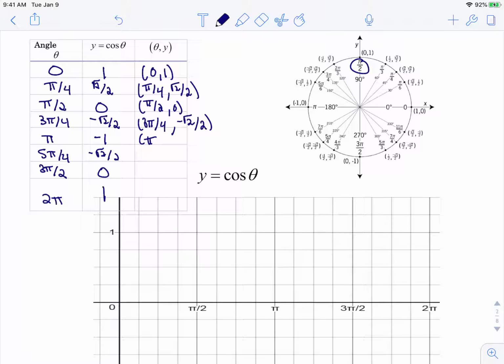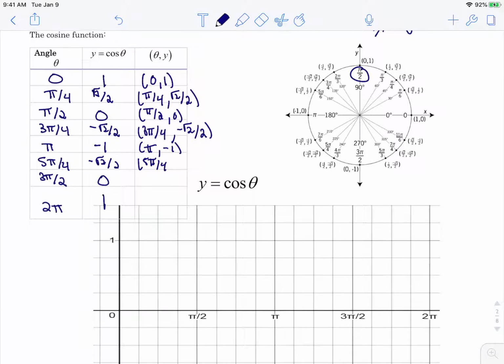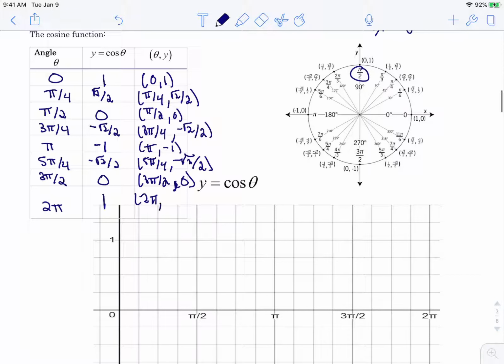I get pi, negative 1, 5 pi over 4, negative root 2 over 2, 3 pi over 2, 0, and then 2 pi, 1. All right. So hopefully you're feeling better about this, and you can just go ahead and do this on your own if you'd like. But I'm going to keep talking us through it if we need it.